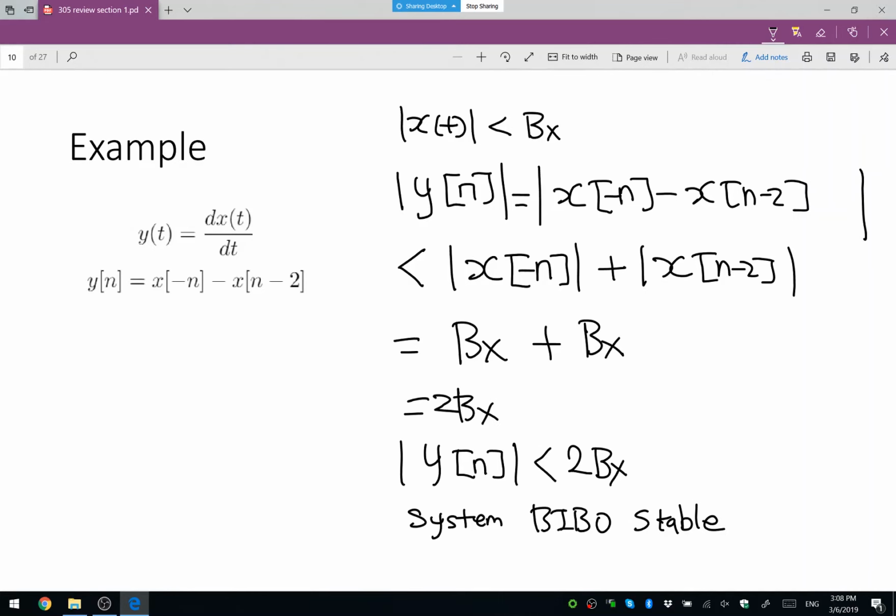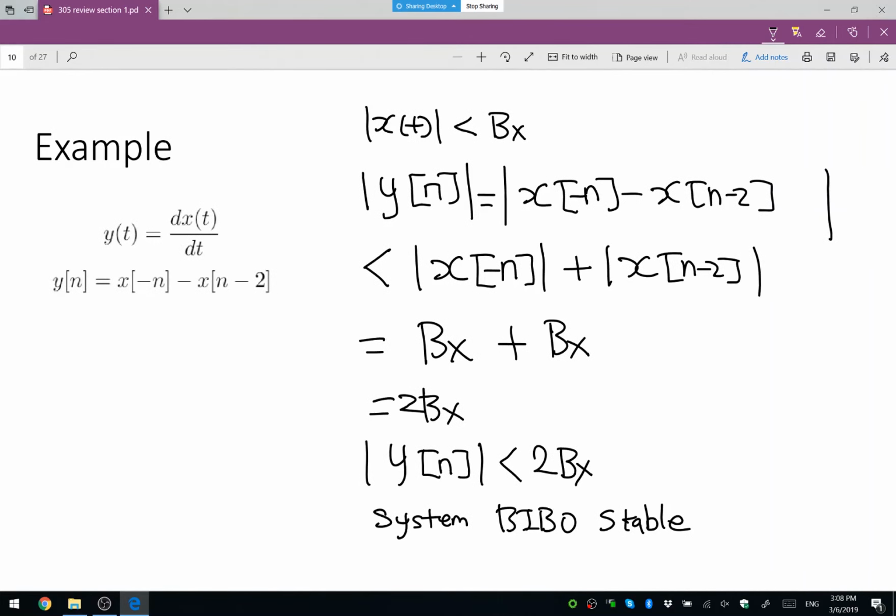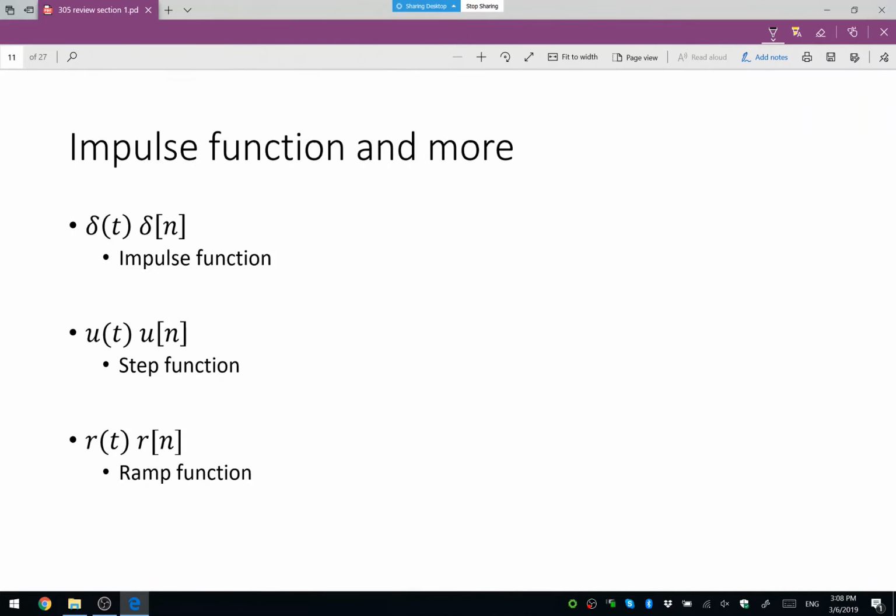That's for the properties. Then let's go to another topic. This is not a problem, but it is something that I think you should know. The first thing is the delta function, or I should say the unit impulse function, the second is called the unit step function, and the third one is called the unit ramp function.